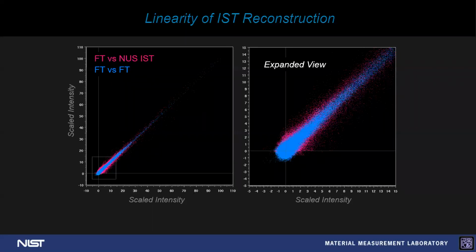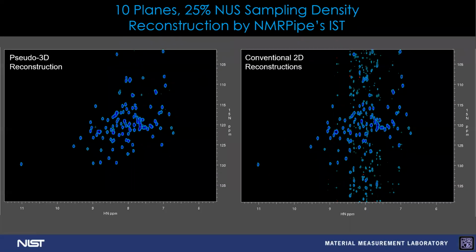We can apply these same methods, and this is specifically what the question was about, to pseudo 3D relaxation series. Here's an example. We can do independent 2D reconstructions, one plane at a time.